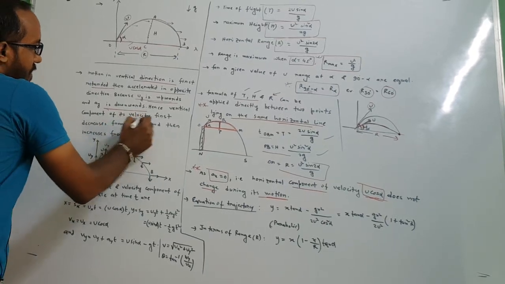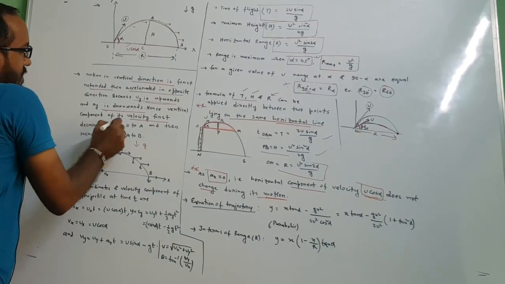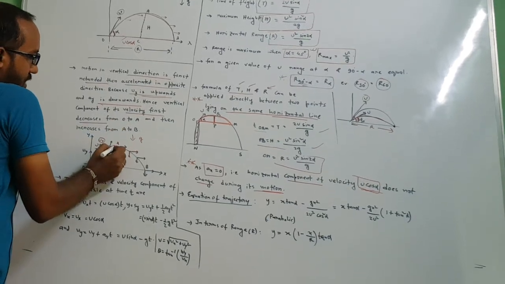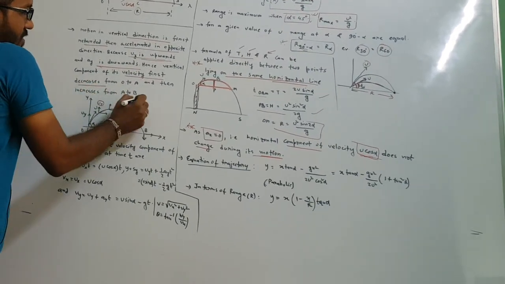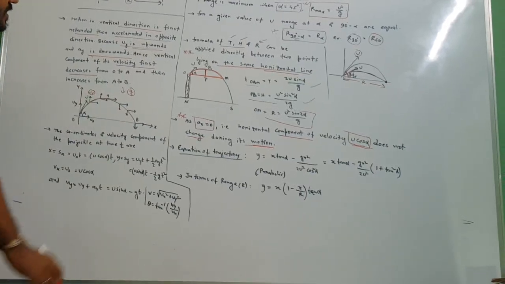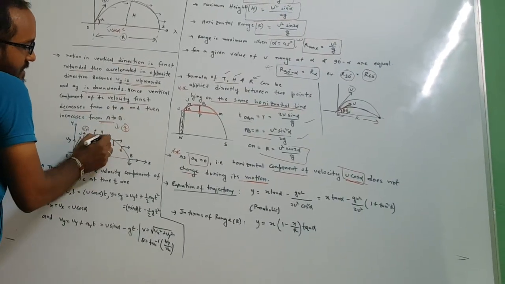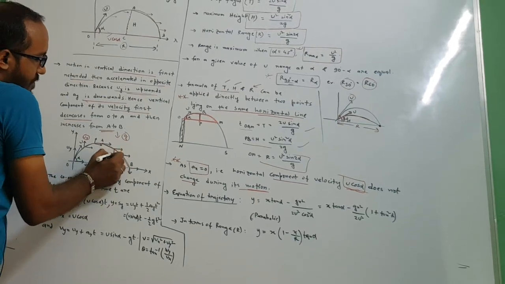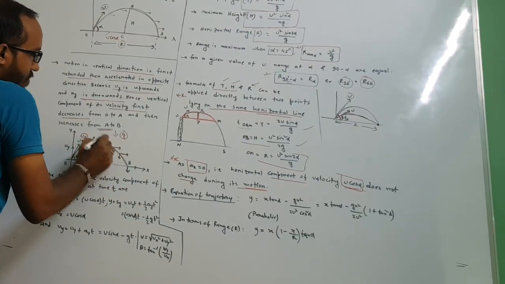Hence the vertical component of velocity first decreases from O to A, from this point to this point, because acceleration is in the downward direction, and then it increases from A to B.